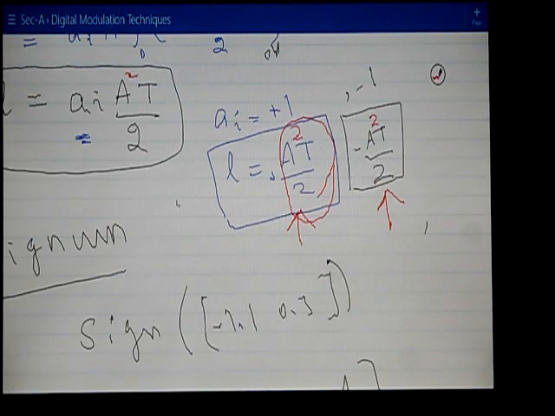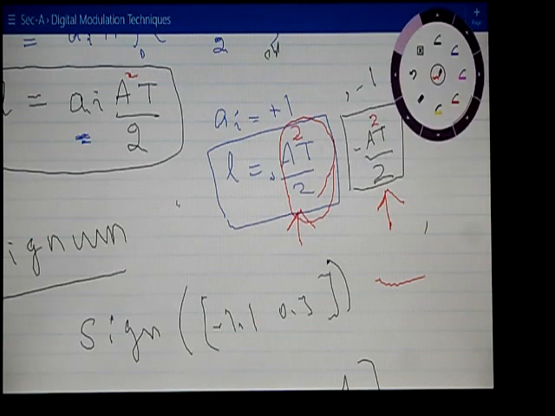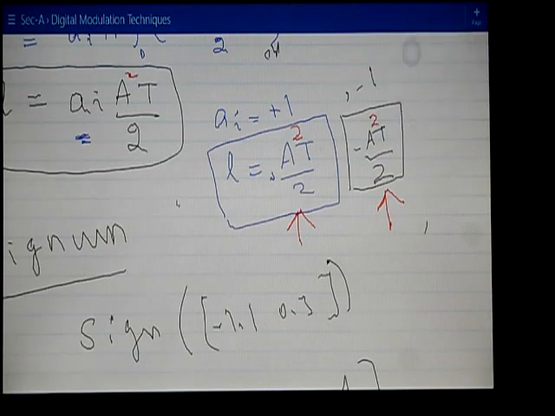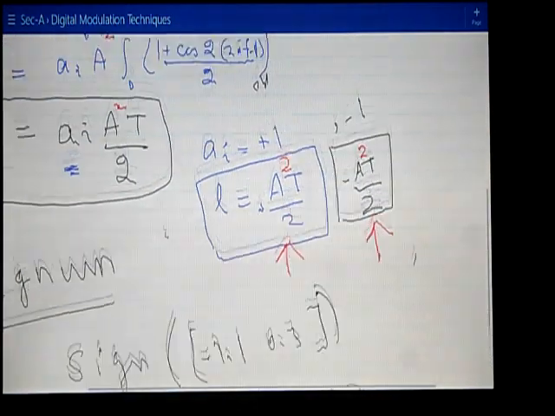So multiplying by a constant is just like amplifying your signal, and you would get the energy a square t over 2. This is how the demodulator would work.